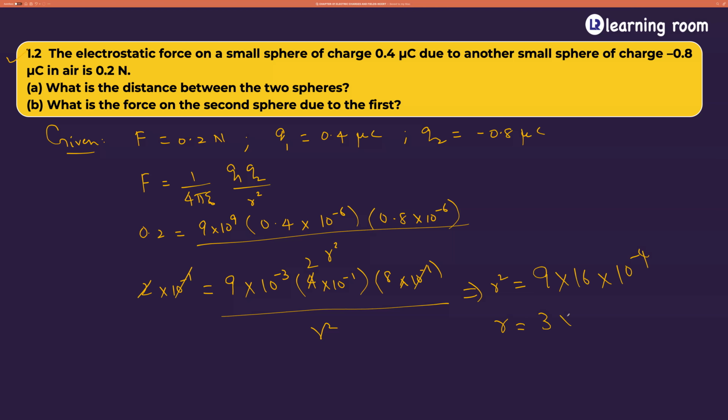Square root of 9 is 3. Square root of 16 is 4, right? Into square root of 10 power minus 4 is 10 power minus 2. So it is going to be 12 into 10 power minus 2 meter, or it is going to be 12 centimeter. So if you place them 12 centimeter apart, you will be able to see this. Right? So make a note of this.